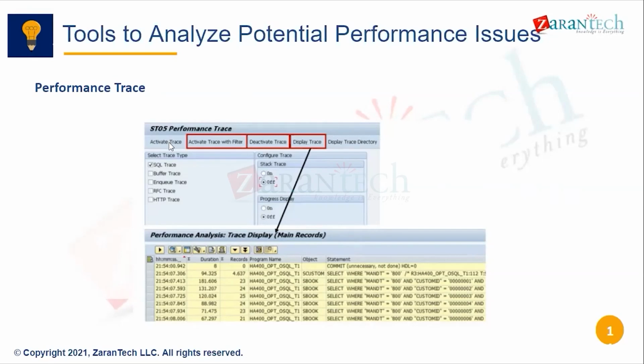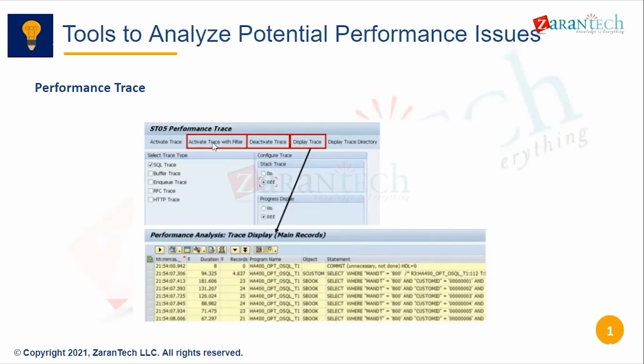To avoid that, if you use the option activate trace with filter, it will ask you for the username for which you want the trace. So provide the username of the user who is running that particular report or program for which you are trying to get a trace.